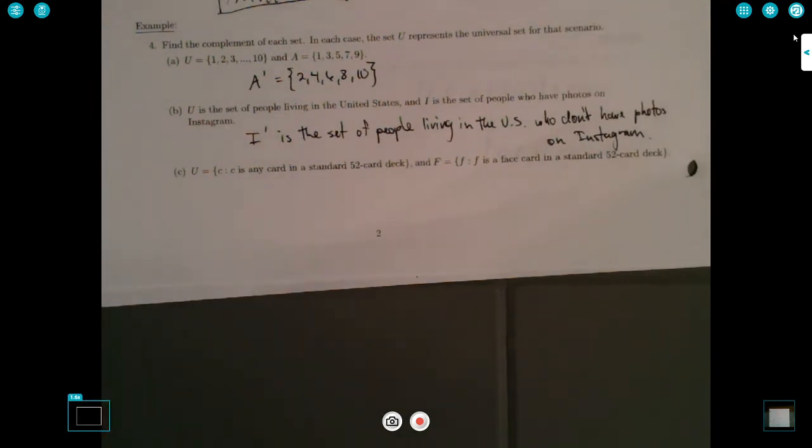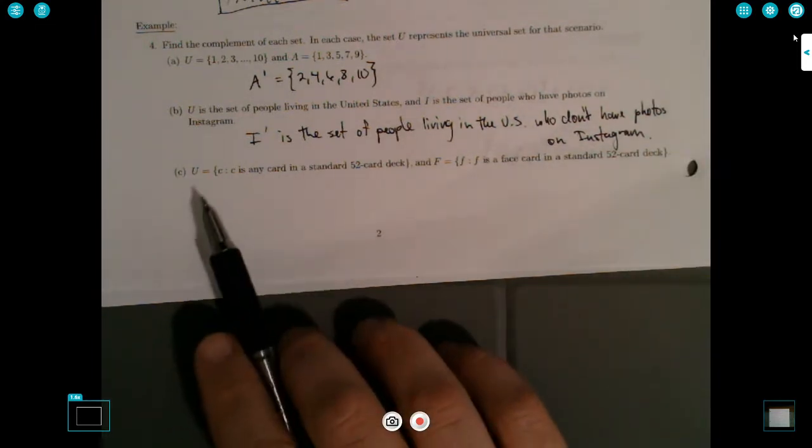So I complement is the set of people living in the United States who don't have photos on Instagram. If this seems a lot like negation, like the logical operation of negation, then I think you're thinking of the right idea.